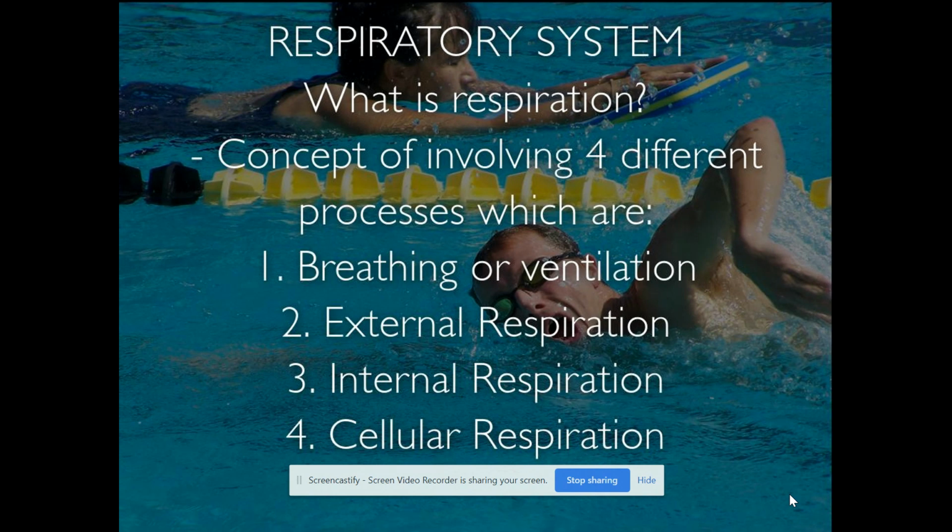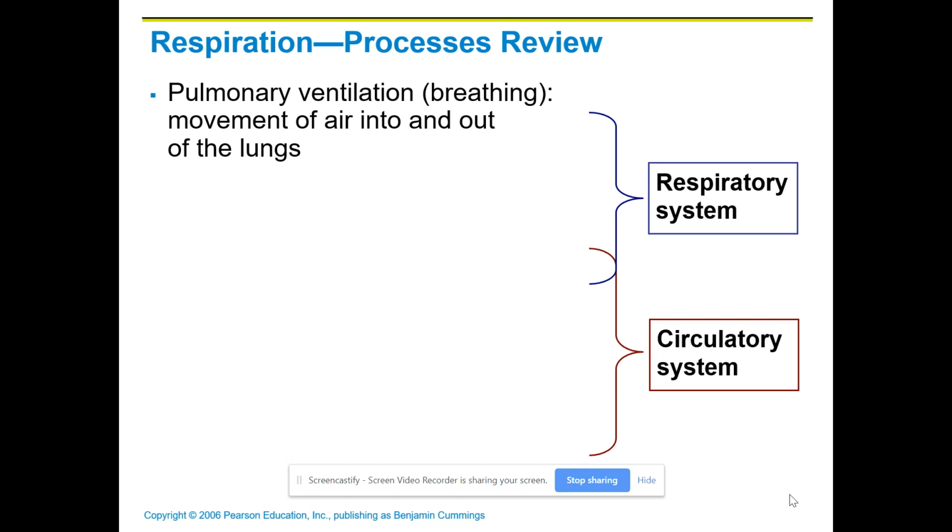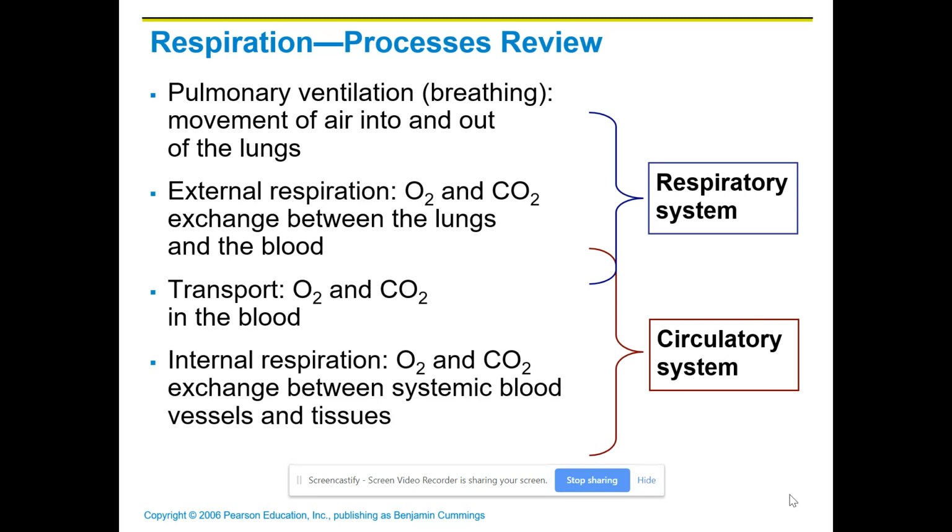Internal respiration, which is gas exchange that happens between the blood and the tissues. And then finally, cellular respiration, which is what we're not going to talk about, although it might be most important. That's using the oxygen in the process of producing ATP. So these are our processes, and we're going to talk about each one of them.